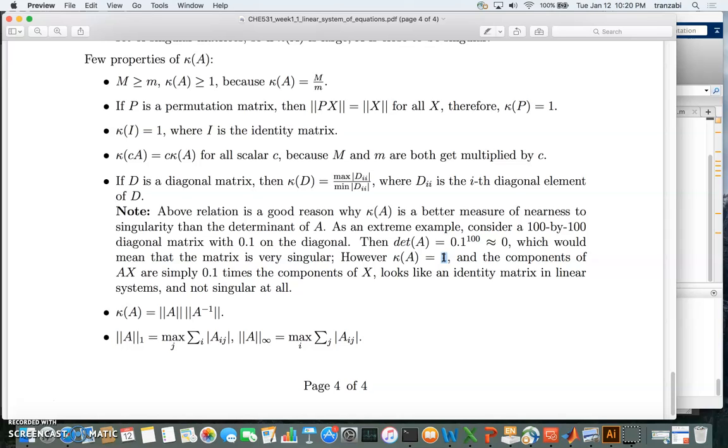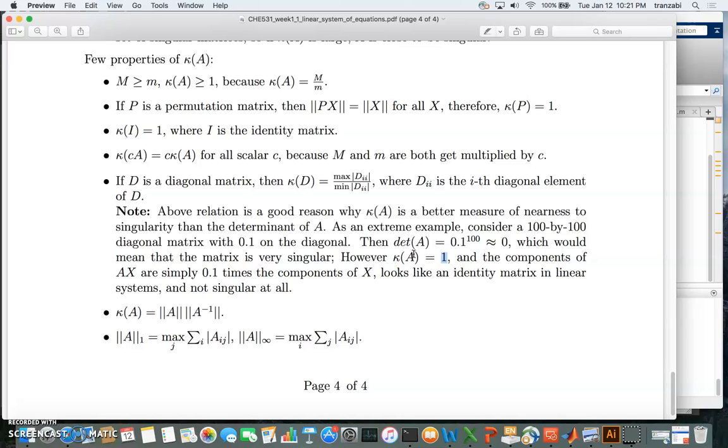Well, another learning in this class is we always go by the definition of the condition number. So we never use the determinant anymore to say if a matrix is ill-conditioned or singular. We always rely on the condition number. It's a better definition, and I proved to you that by looking at this specific example of a diagonal matrix with 0.1 along the diagonal.